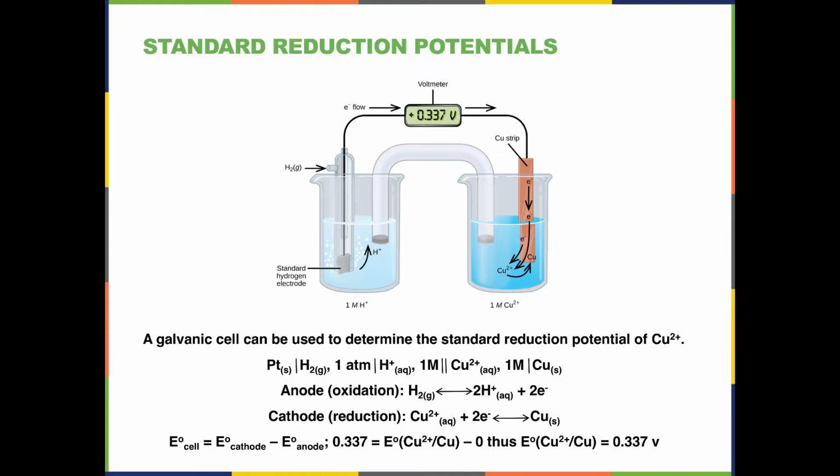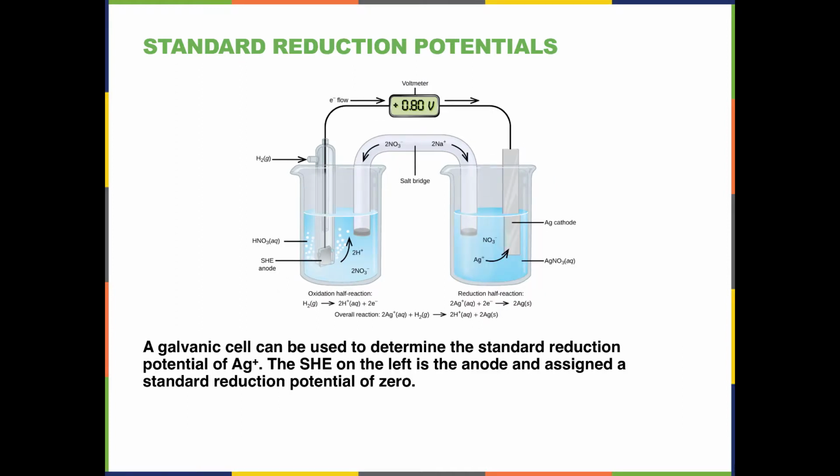Therefore, the standard reduction potential for copper 2+ to copper is positive 0.337 volts.